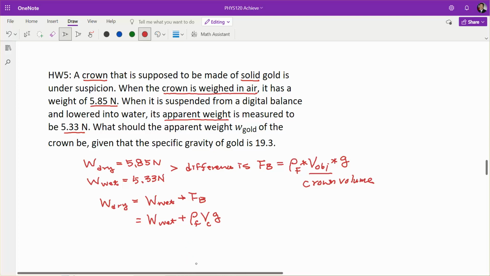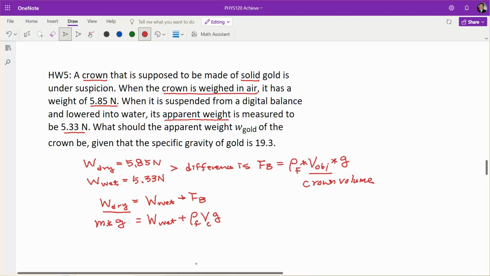Alright, so now we are going to use the mass to represent these things, instead of just using the weight. If I wanted to represent the dry weight, the dry weight is going to be equal to the mass times g, right?